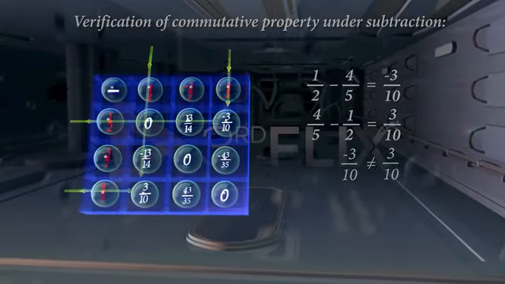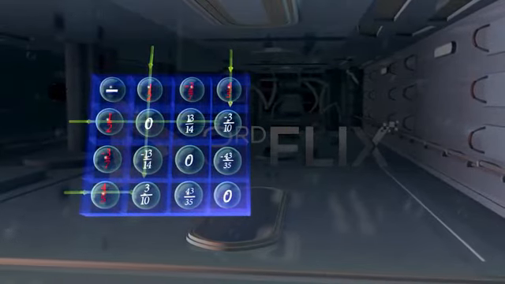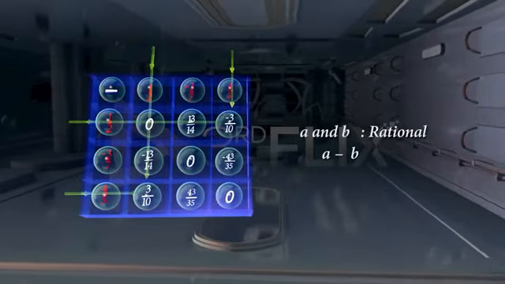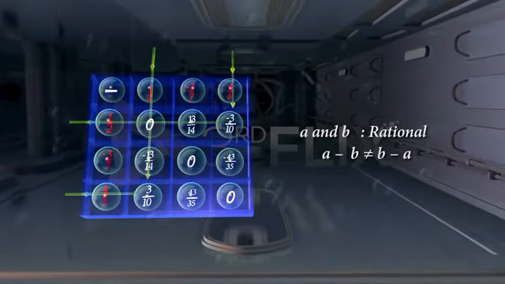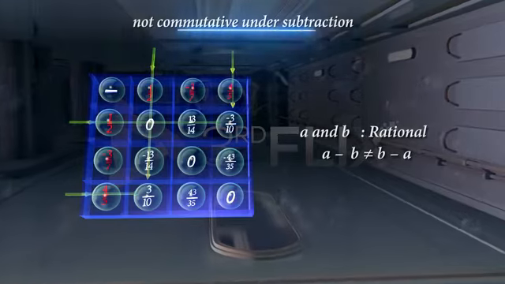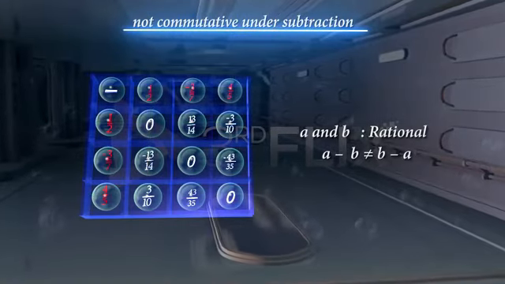That is, for any two rational numbers a and b, a minus b need not be equal to b minus a. Therefore, rational numbers are not commutative under subtraction.